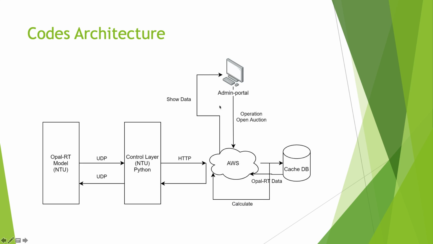Well, the first is the introduction. Here is the general architecture of our system. We have the OpenRT model deployed at NTU, and it communicates through the UDP protocol with a control layer, which is written in Python. This part usually you don't have to care much about.